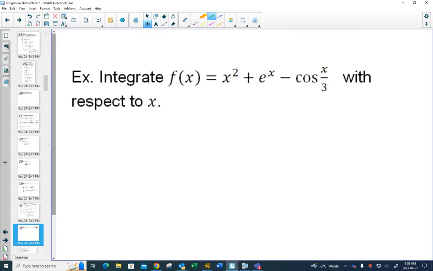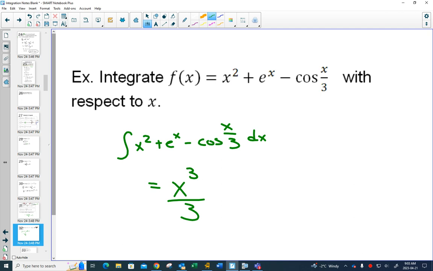All right, try this one on your own. Integral of x squared, you wouldn't have to write this down, equals x cubed over 3.